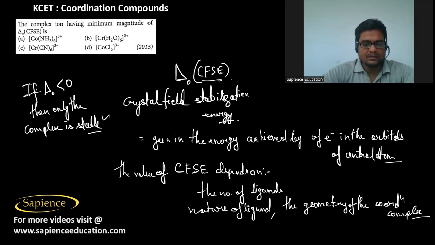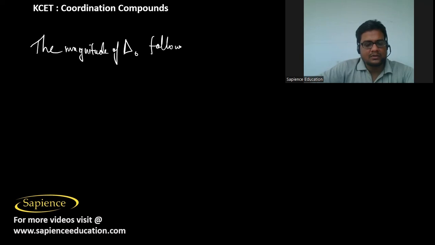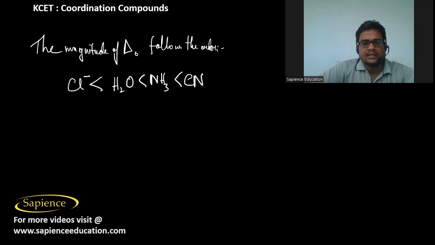So here the rule is that the magnitude of the crystal field stabilization energy follows the order, that is, if chloride is the ligand, then it is the least, then H2O, then NH3, and if it is cyanide, then it is the highest value of CFSE.